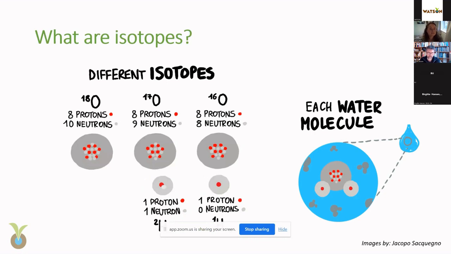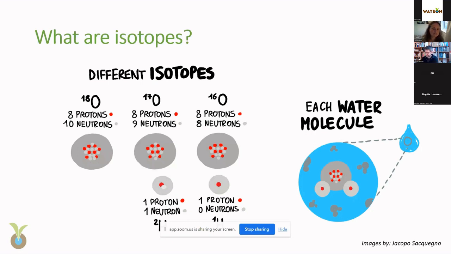So isotopes are forms of the same element that contain an equal number of protons, but different numbers of neutrons. And the key implication is that they have differences in their atomic mass, but not in the chemical properties. So this means that for oxygen, we can have oxygen 16, 17, and 18 as stable forms, so they don't decay.